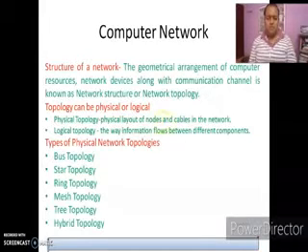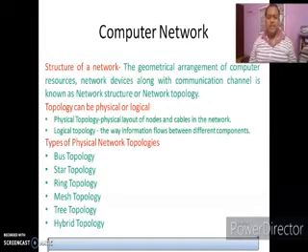Now, topology can be physical or logical. Topologies can be defined in two ways: first is physical and the other one is logical. Logical means how the particular information flows between various devices or components, and physical means how nodes and cables are connected so that the network will be connected.